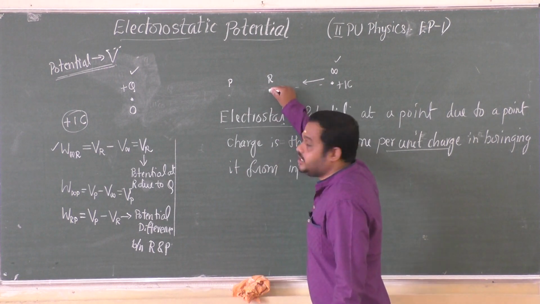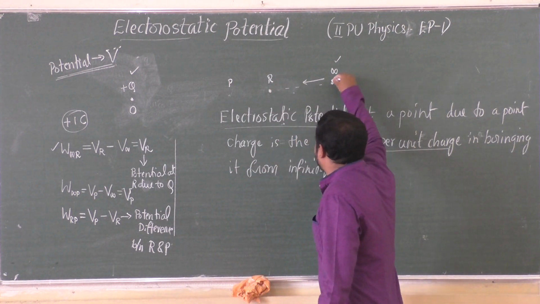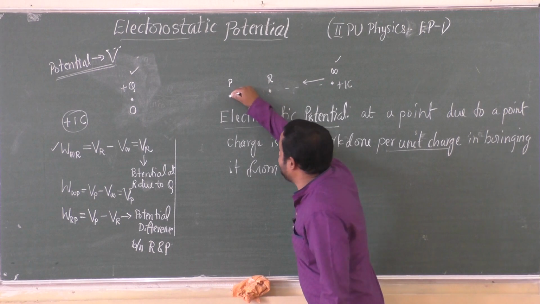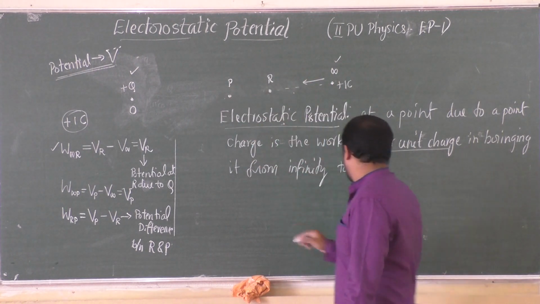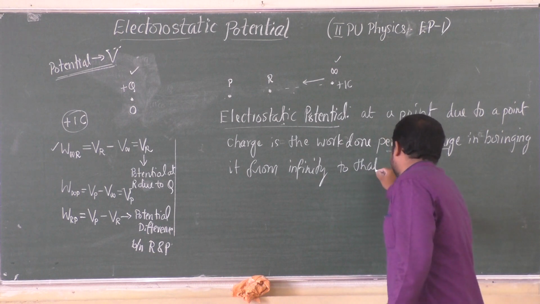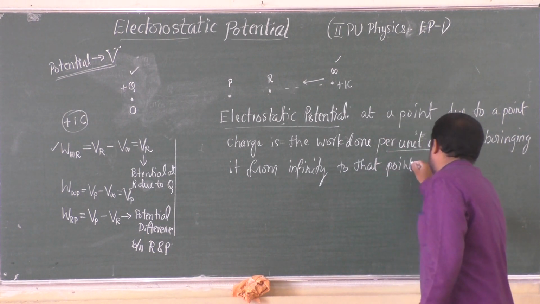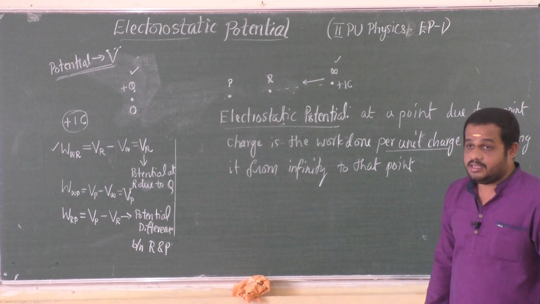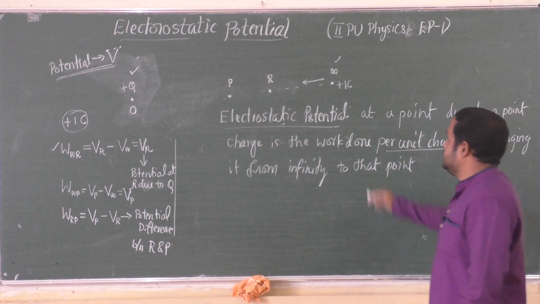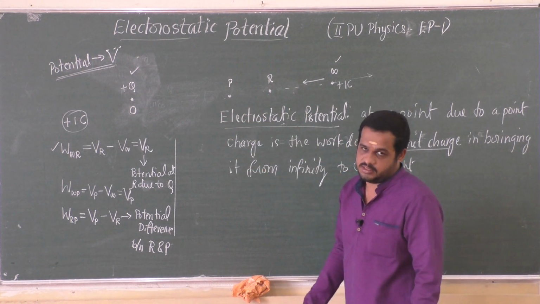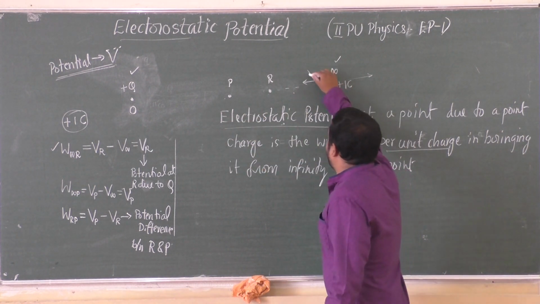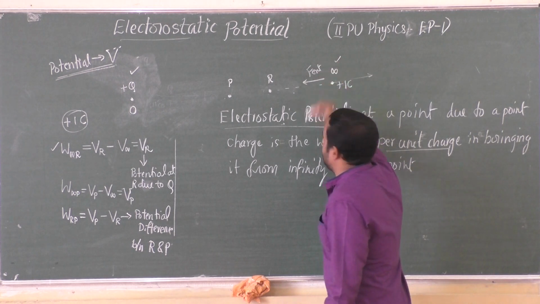If you measure potential here, work done in bringing charge from infinity to R. If you measure electric potential here, work done in bringing charge from infinity to point P. One more condition is there: against the electric field. See, the electric field direction is like this because we considered positive charges here. We applied an external force in the opposite direction.